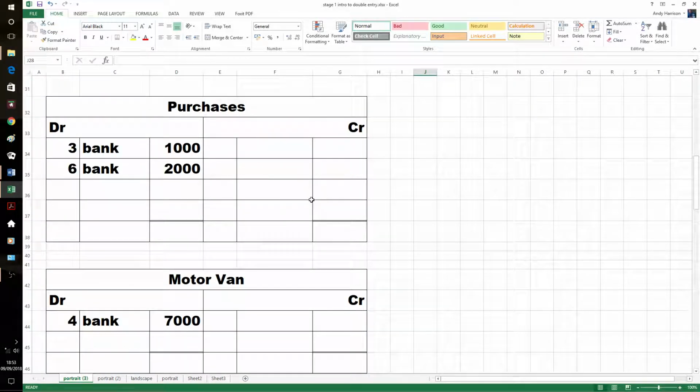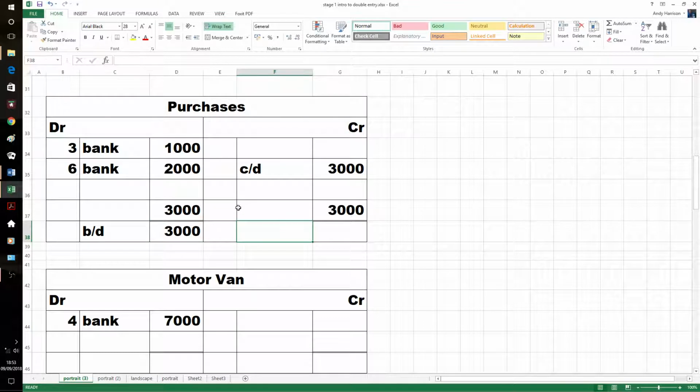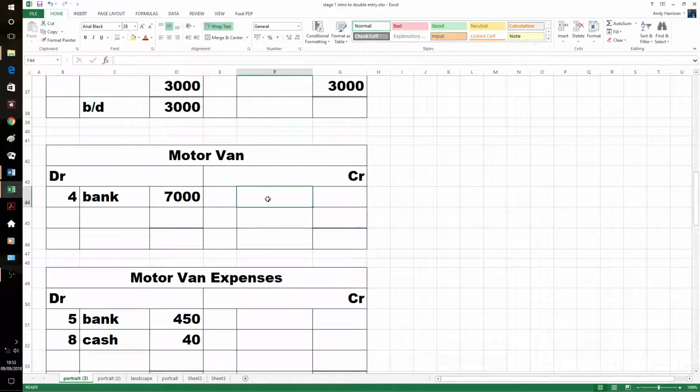And then some nice easy ones to do, the next few anyway. Occasionally you get extra rows that really confuse students. And that's just the total of those, so it's only one side. And a motor van also, there's only one side.